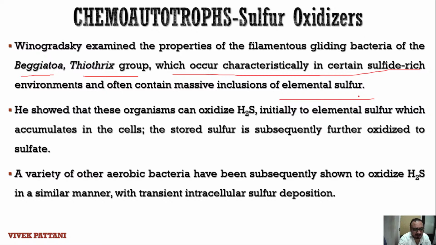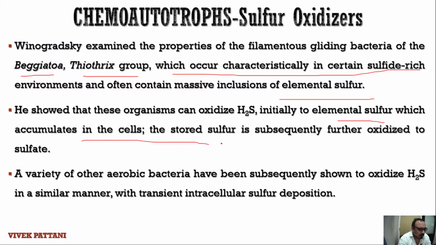This sulfur can be easily identified using specialized microscopy. He also showed that these organisms can oxidize hydrogen sulfide initially to elemental sulfur, which accumulates in the cell, and this sulfur can be easily identified in their cell structures.